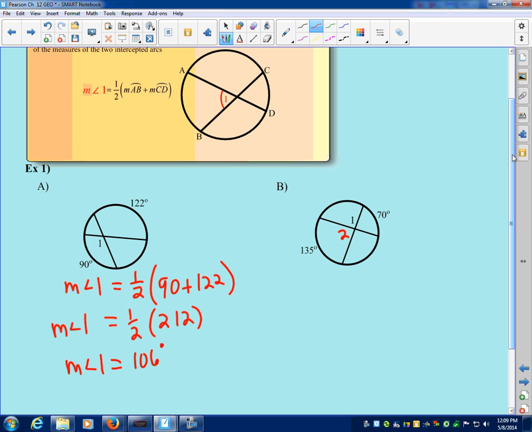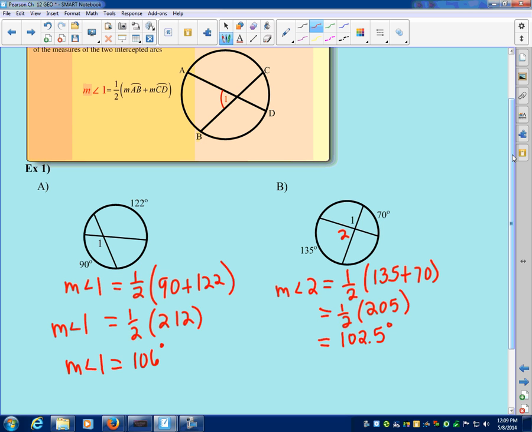All right? So how will I find measure of angle 2? I'm going to take half of 135 plus 70. That's right. So half of 205. So measure of angle 2 equals 102.5 degrees.